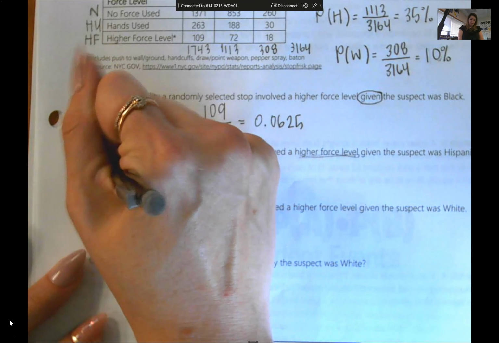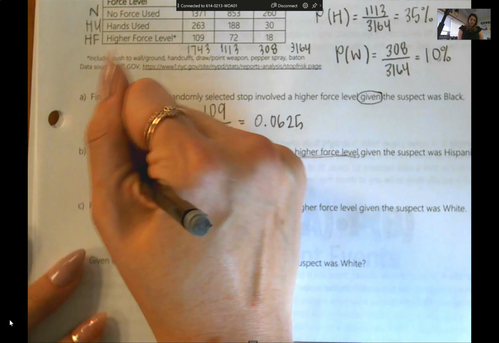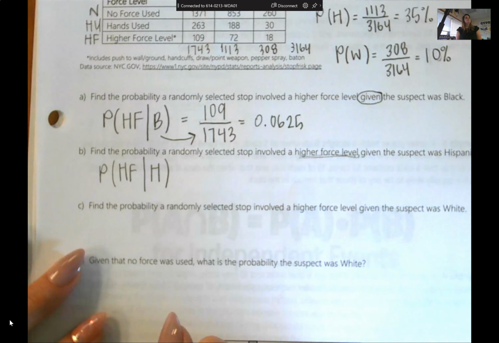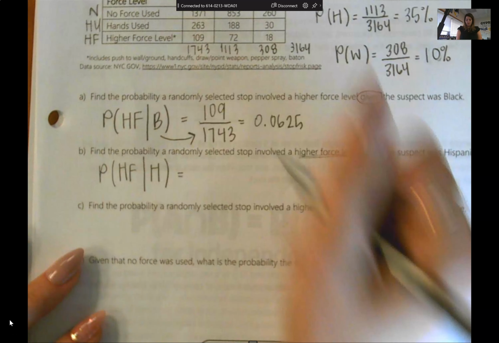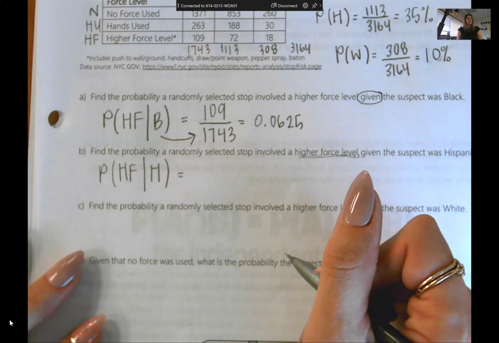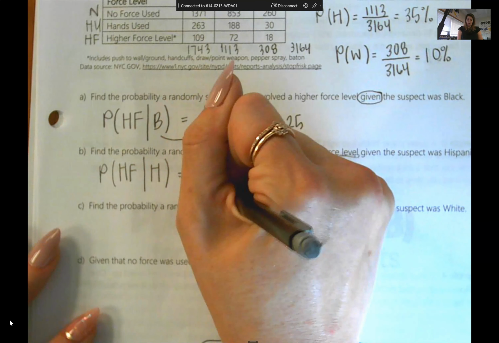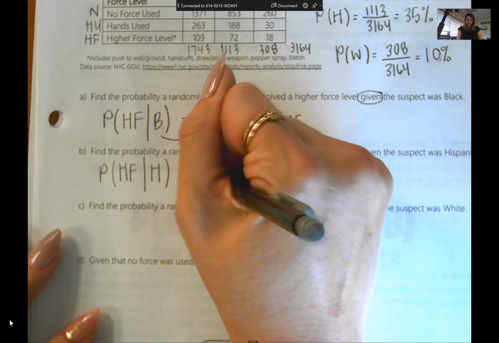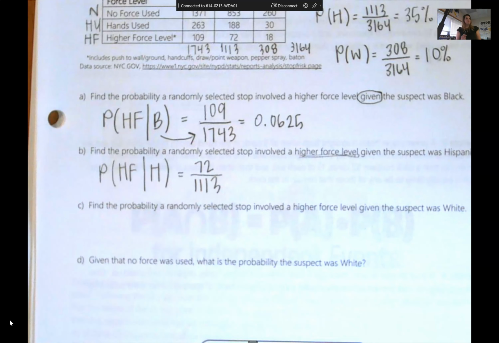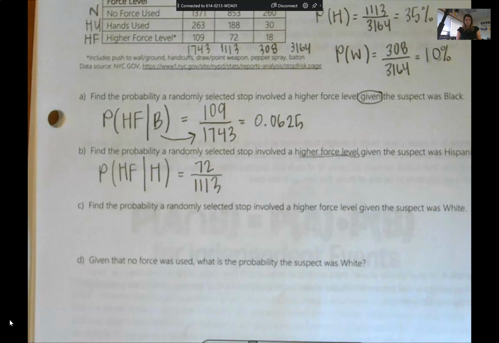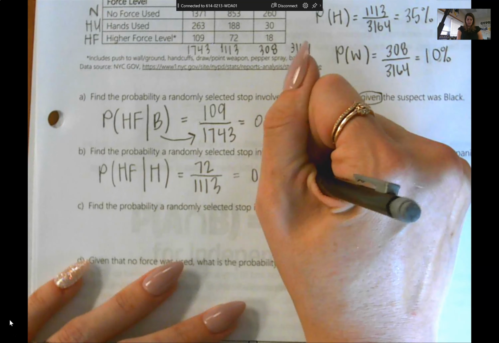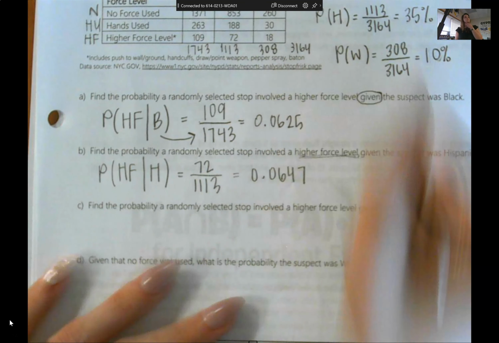So this time we're doing probability of HF given H. So we're looking only at the number of Hispanic suspects, so that's 1113 over, 72 had higher force used. So this one is about the same, 0.0647.